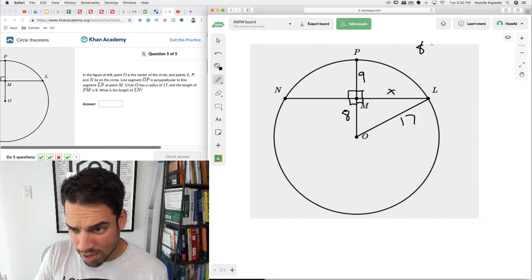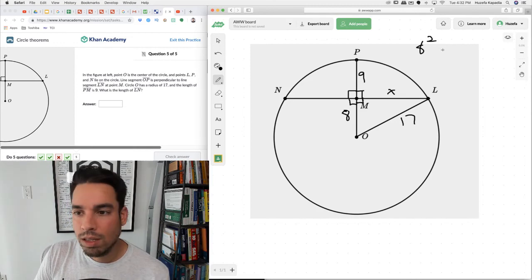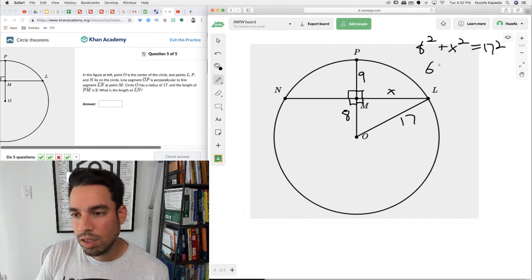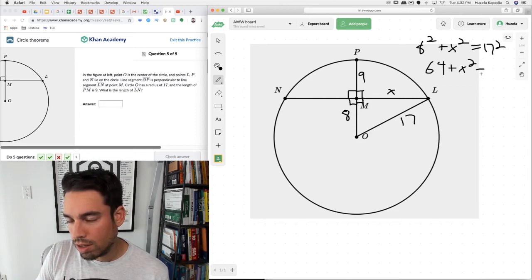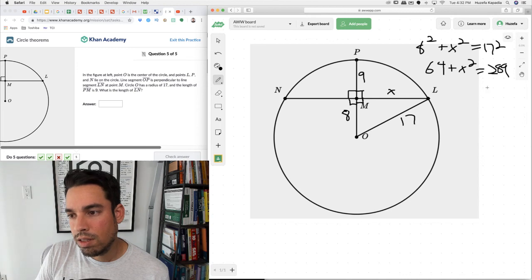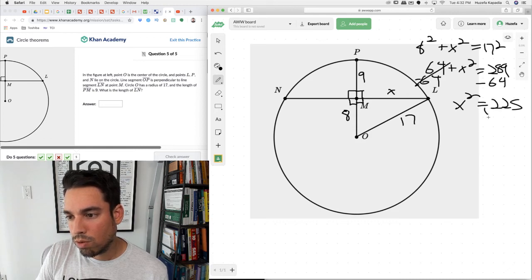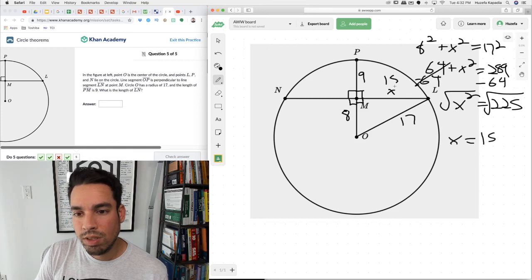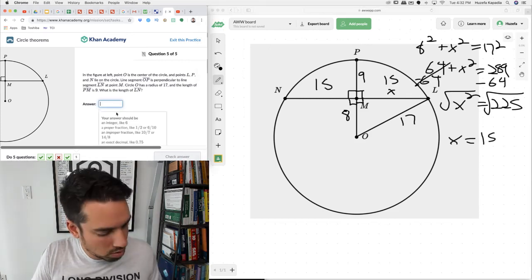It is a triple, I think it's 8, 15, 17, but no calculator, let's just do it out. 64 plus x squared equals 289. Subtract 64. X squared equals 225, and of course, that's a perfect square, which is 15. So this is 15, that must also be 15, therefore the entire length of LN is 30.